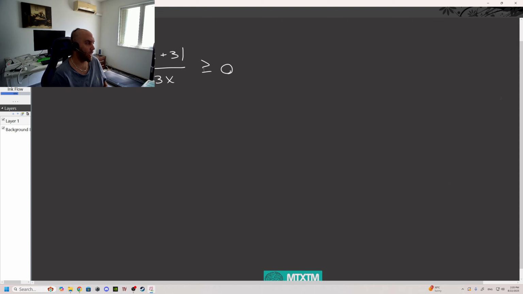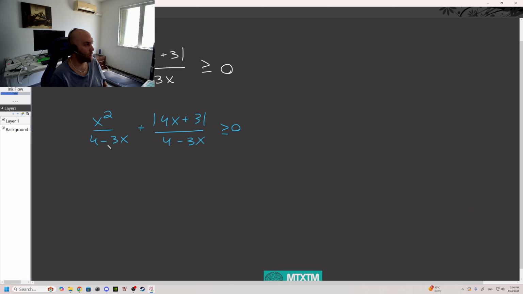Instead, let me do the following. Let me separate these into two different fractions for 1 minute, okay? Let me do this. x squared over 4 minus 3x plus, yeah. So you see this? Let's just do it step by step. 4x plus 3 over 4 minus 3x. Okay. This is greater or equal to 0.